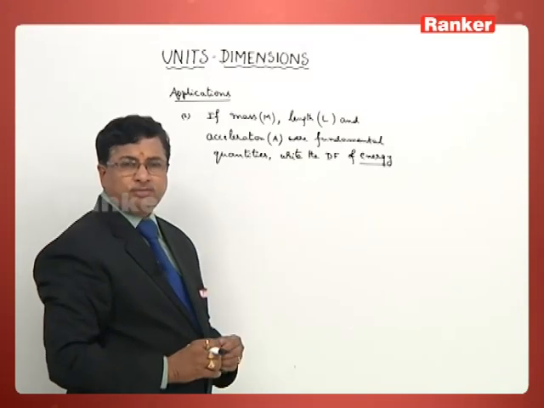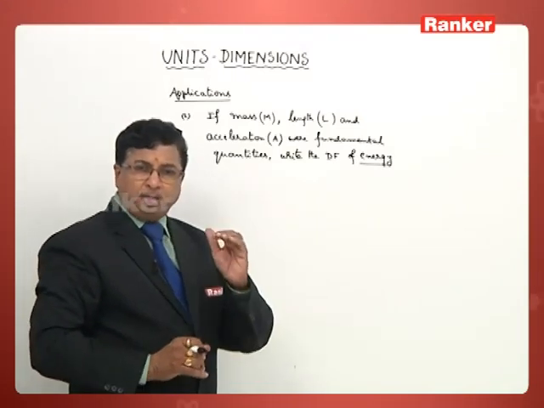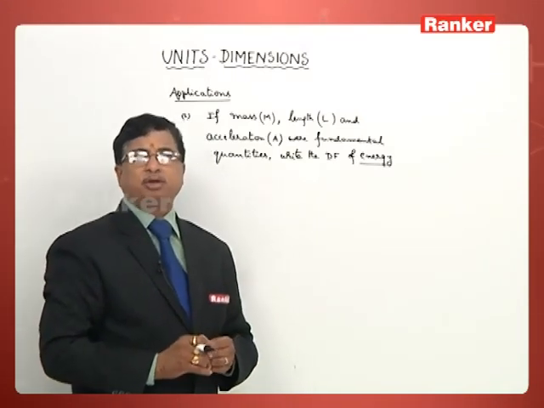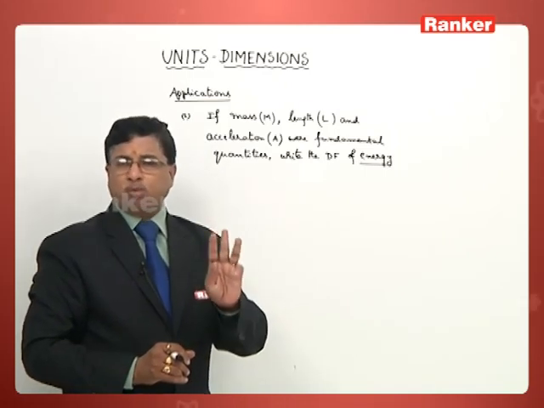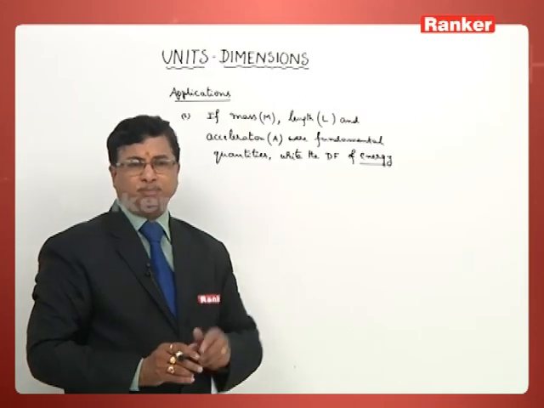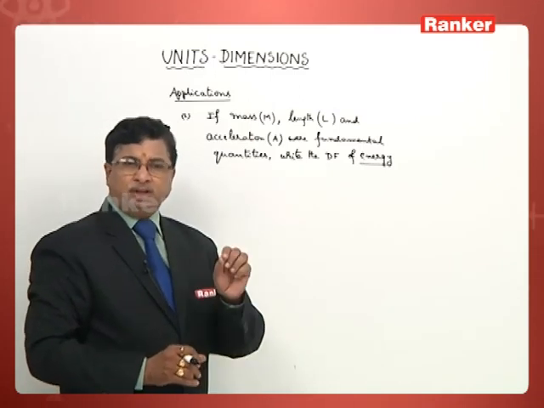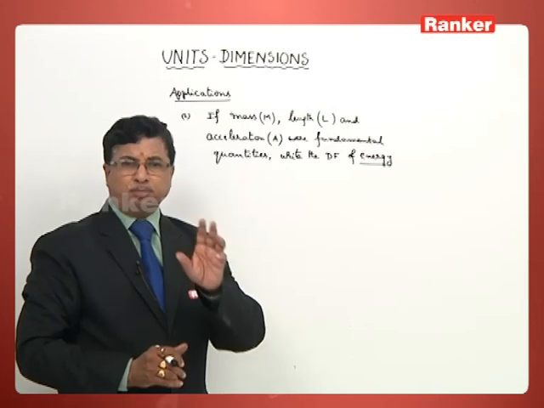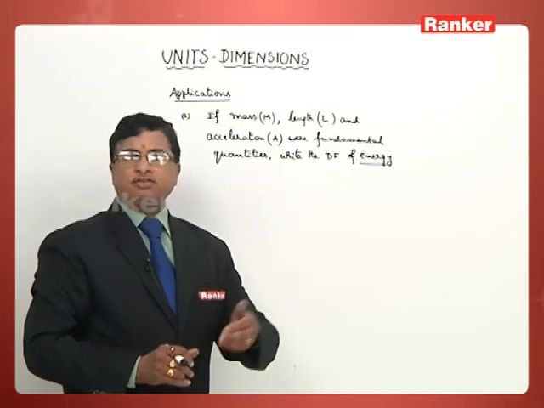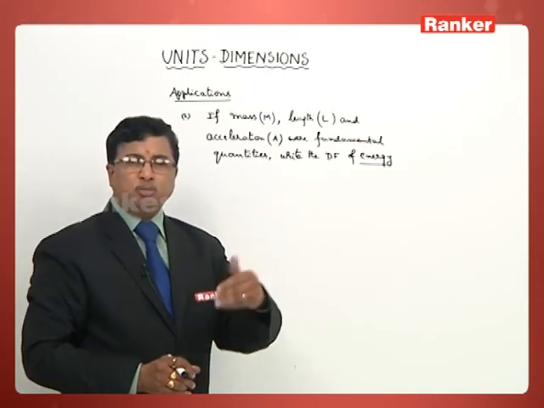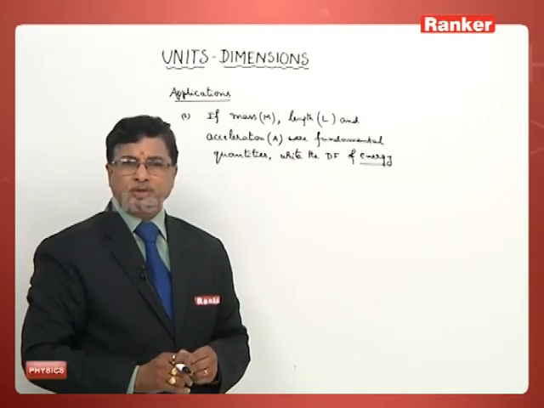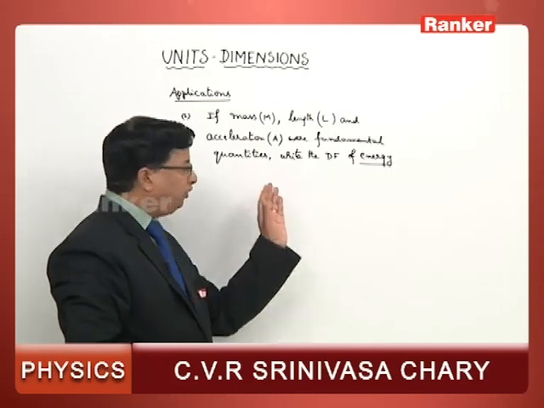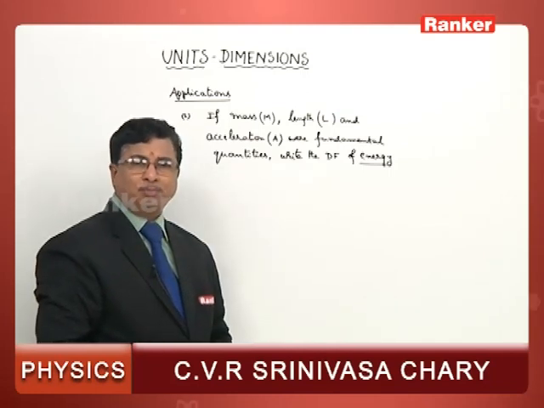In the very beginning of the units and dimensions topic, we have already discussed that initially we adopted three fundamental quantities: length, mass and time. Afterwards, under SI units, we added a few more quantities as fundamental. But here, this is a different kind of model.